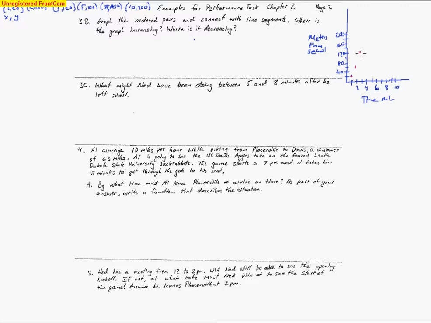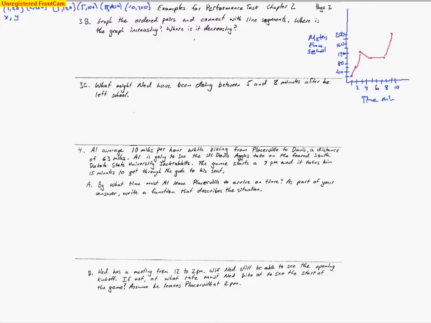After 5 minutes, we skip all the way to 5, and we're just 100 meters, so it looks like we went backwards. After 8 minutes, we were still just 100 meters from school. After 10 minutes, we were 200 meters from school. So those are the points, and then I'm just connecting the points with line segments. That's what we've got.